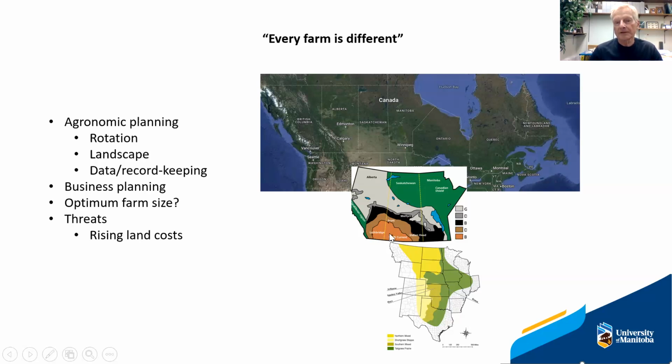Over here, it's drier. So the farm system would be different. What I've done is tacked on the northern US states, sort of lined them up where they would fit relative to the prairies. And then we've got this line just south of where I am in Winnipeg that really depicts the transition between what we call the corn belt and the wheat belt.